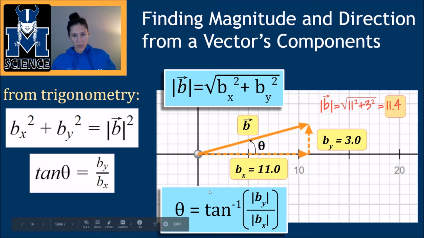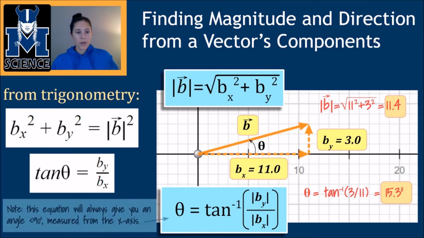So we can take the inverse tan, arctan, of the magnitude of By over the magnitude of Bx, or the absolute value there. If you use the absolute value, this is always going to give you just the angle from the x-axis. If we plug that into our calculator, you'll have a tan^-1 button, or an arctan. You take the y over the x, you get 15.3 degrees, and that looks reasonable, correct?